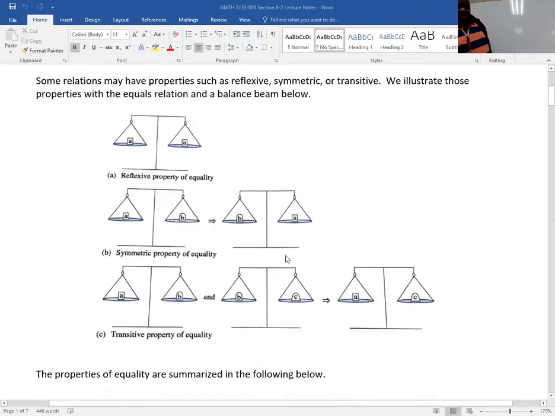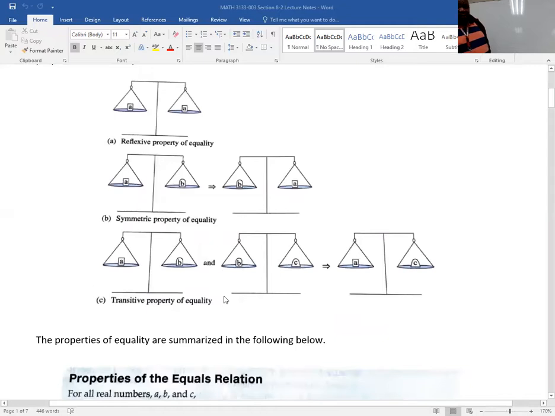And then finally, this third property is called the transitive property of equality. That is this: if I have A is equal to some B, and then B is equal to some C, then by that property, I can say that A will be equal to whatever C is. That's what the transitive property states.